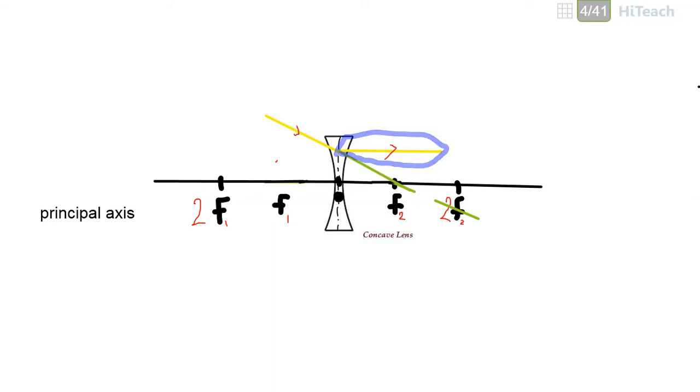For concave lens, it doesn't matter where you put the object. Wherever you put the object, it will give the same property. Only 2 rays are enough to draw the image.